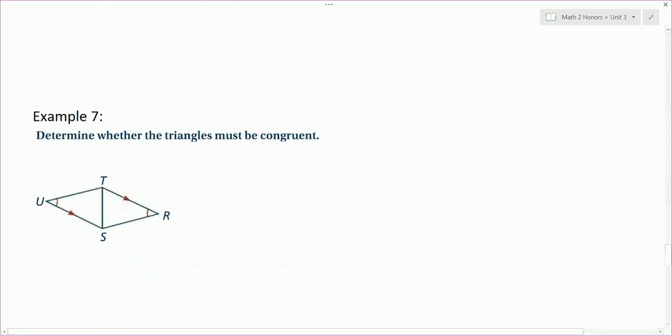Example 7. Again, look at this picture. Would you be able to write a proof based on this information? We're not going to write the proof, but would we be able to say that the triangles are congruent? Those arrows are indicating that we have parallel line segments. Look for alternate interior angles.